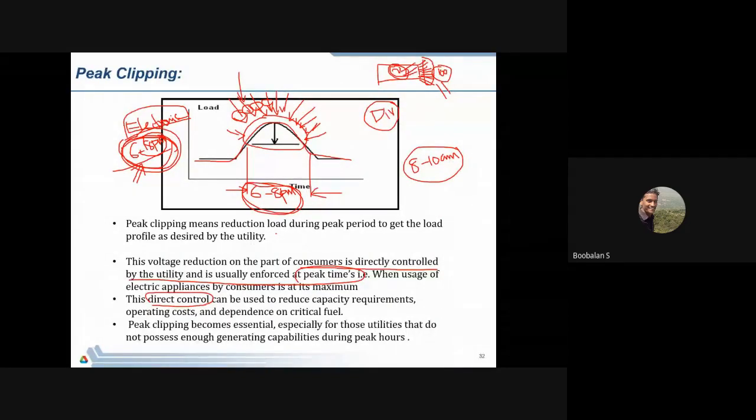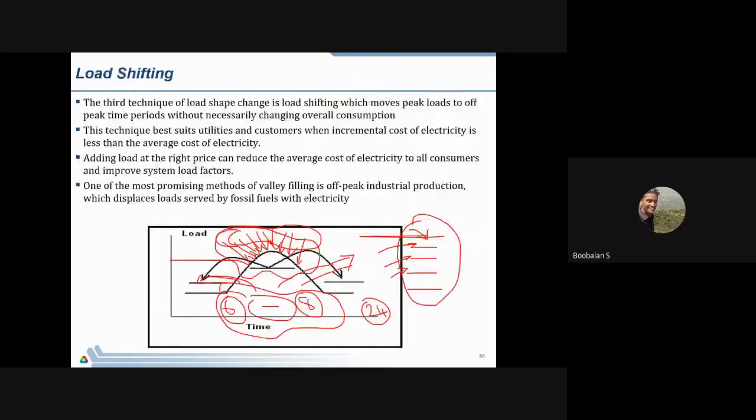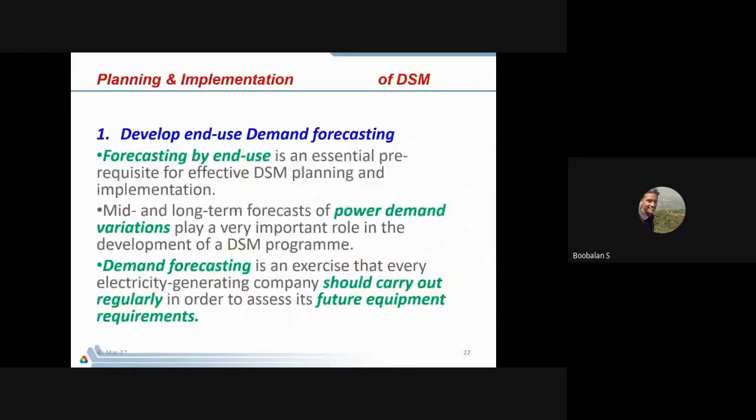Simply, you directly control, or directly disconnect or reconnect, customer-side appliances. Valley filling is nothing but using renewable sources, right? By using those renewable energy sources, you recall load from peak time. And load shifting, right? So these are the three important techniques available to reduce my peak demand.